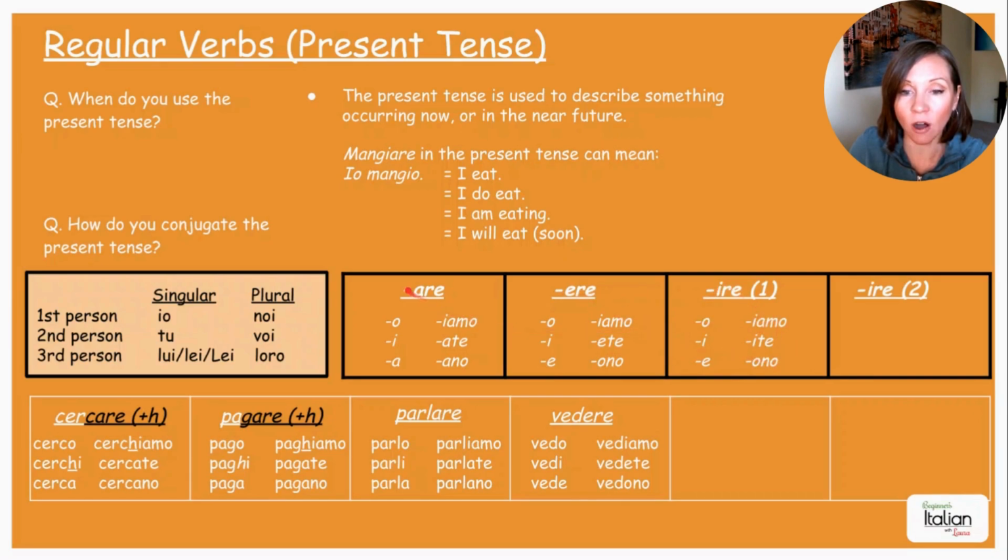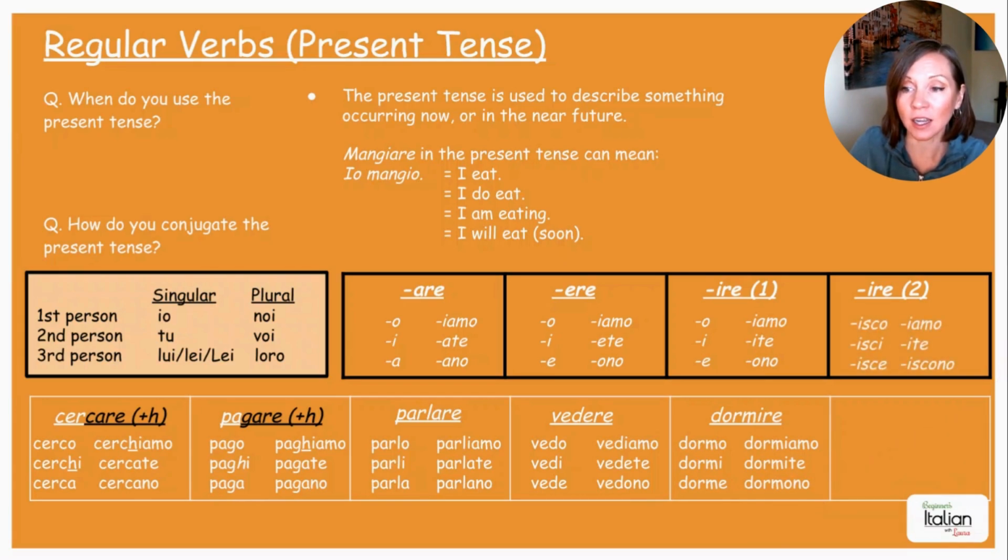So that means that for all 3 of these, the o, i, and iamo are the same. So the only difference is these guys here. And between these 2, the only difference is this one. So we have dormire as our regular IRE verb. Dormo, dormi, dorme, dormiamo, dormite, dormono.